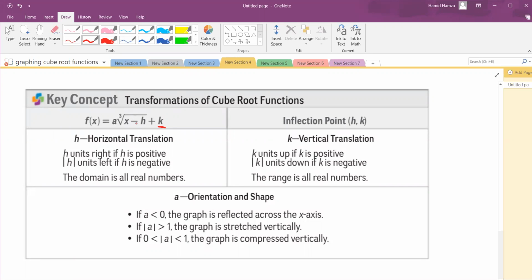If it is negative, then to the right. And k describes the translation up or down. If k is positive, that means k units up. If it is negative, that means k units down. What about a? If the sign of this number is positive, that means nothing. But if it's negative, that means we have a reflection about the x-axis.